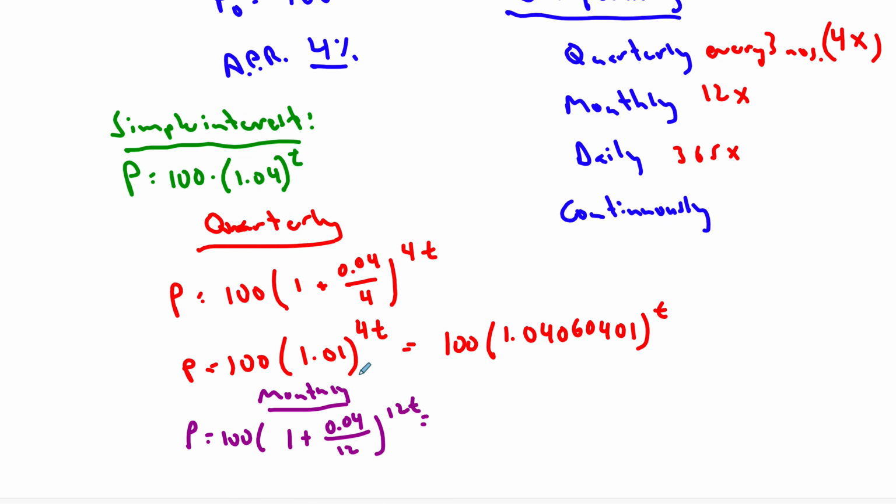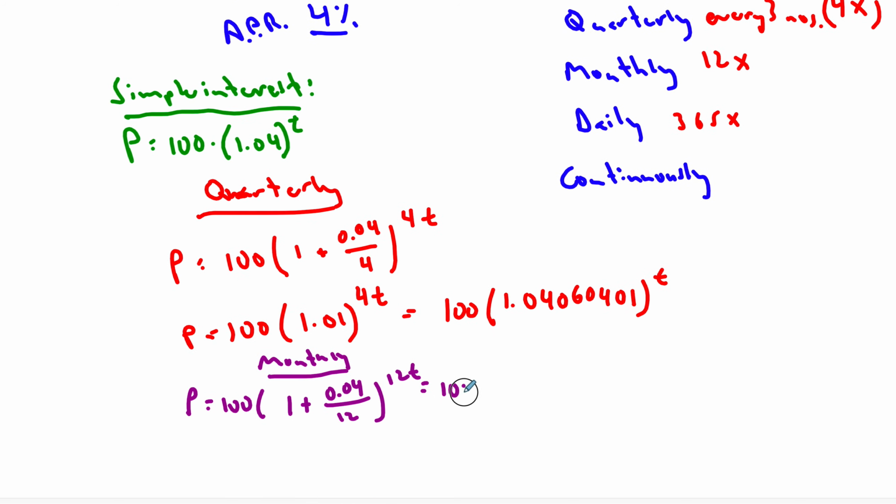So what this means is I would be looking at 0.04 divided by 12, which works out to be right around 1.003333. It's actually repeating, right, to the 12t. So what happens is I'm not getting my 1%, I'm getting less than that. I'm getting 4/12, or 1/3 of a percent each time.